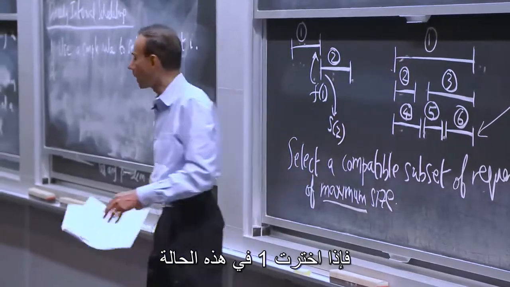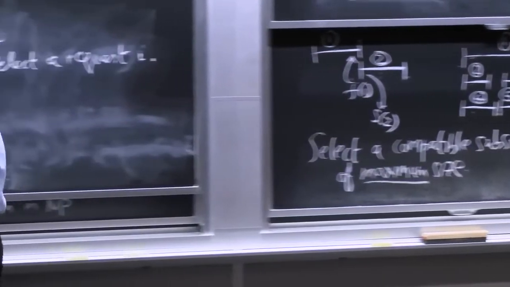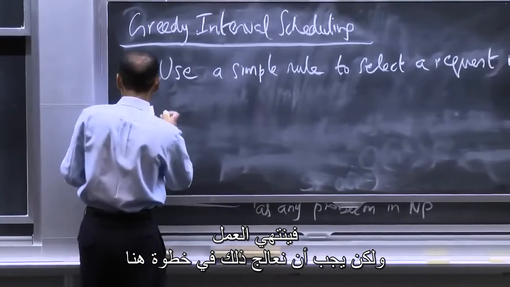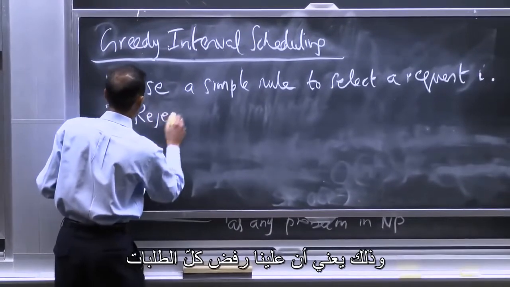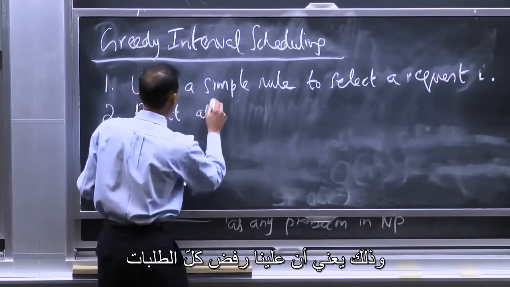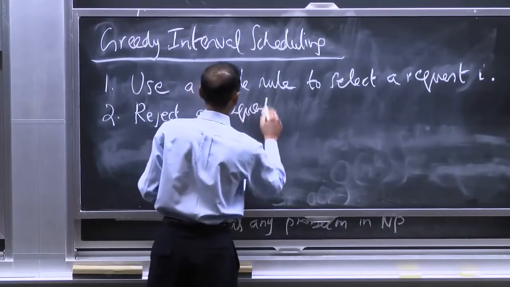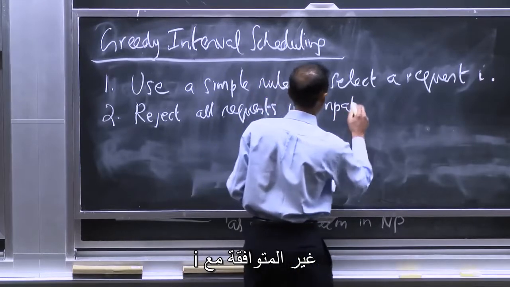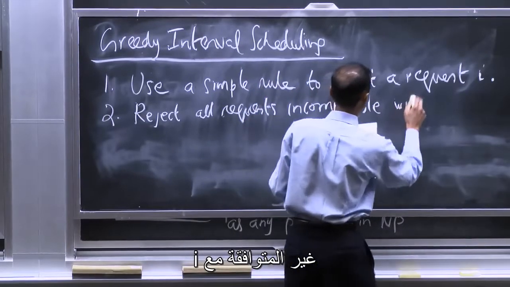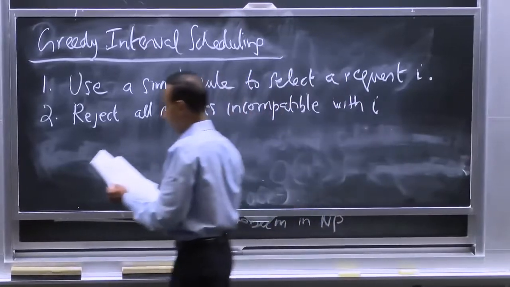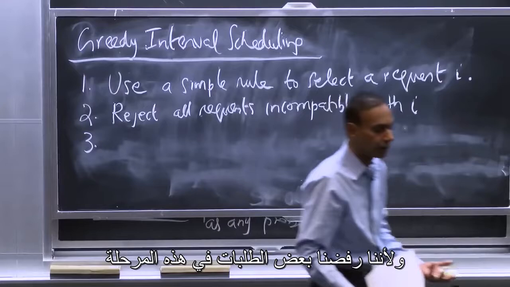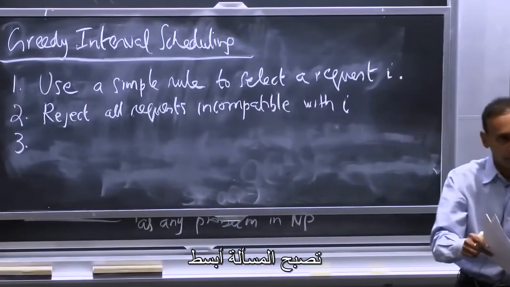So if you've selected 1 in this case, you're done, but we have to codify that in a step here, and what that means is that we have to reject all requests that are incompatible with i.